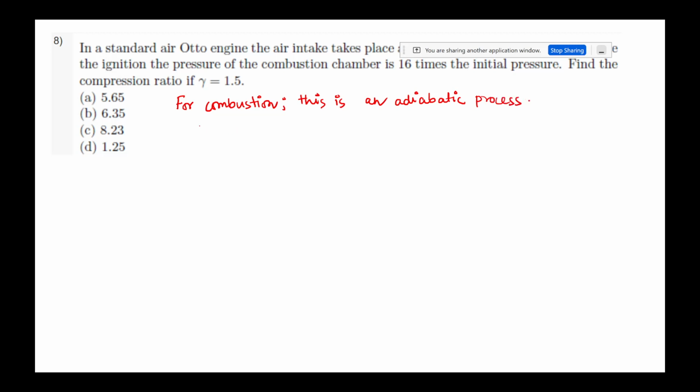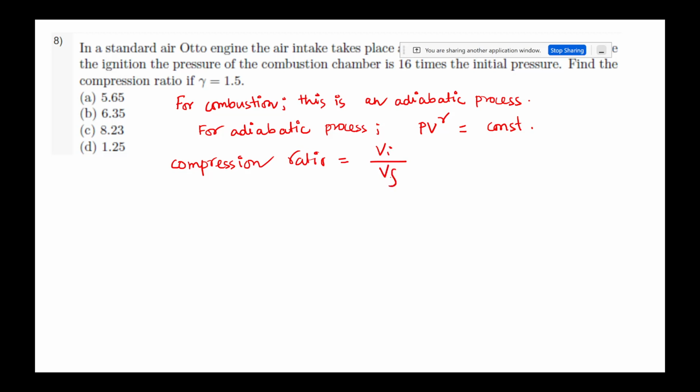For adiabatic process, PV to the power gamma is constant. Now we need to find the compression ratio. So compression ratio is equal to initial volume divided by final volume. Now final pressure is 16 times the initial pressure, 16 times Pi. So from here please calculate.